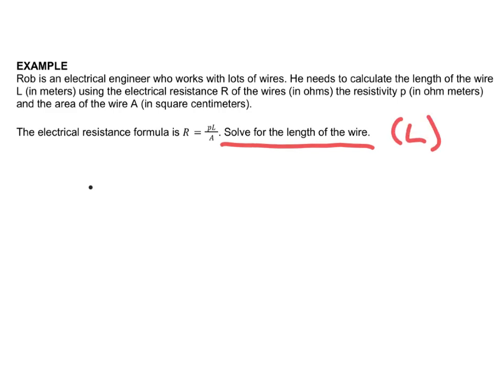So I'm going to write out my formula. R is equal to P times L all over A. The first thing I would do to solve this equation for L is get rid of this denominator. I would move that A over to the other side, so I'm going to multiply both sides of this equation by A. And my A's divide out.